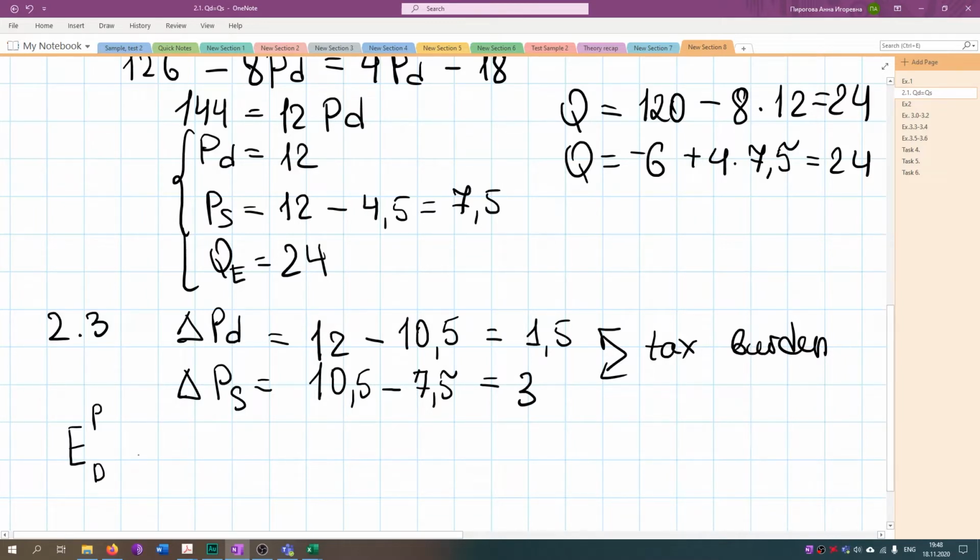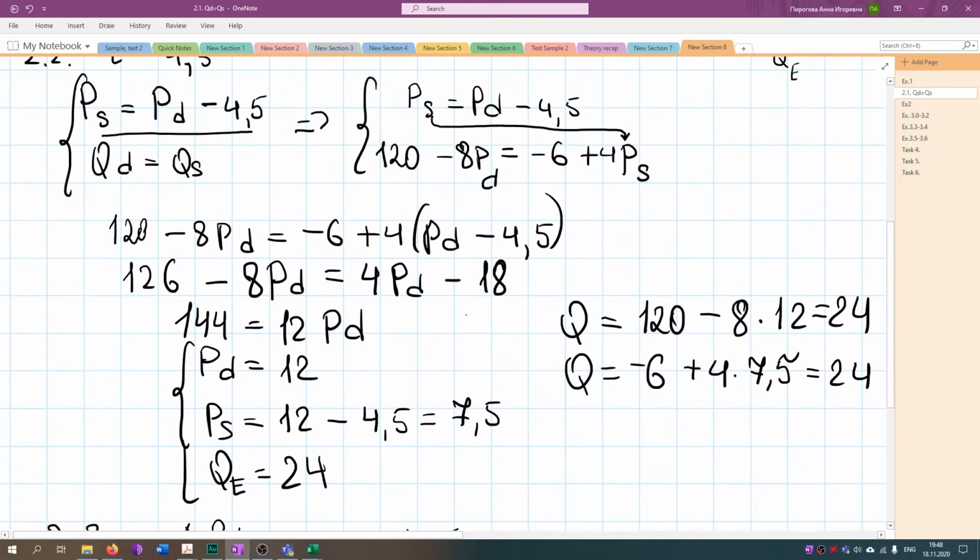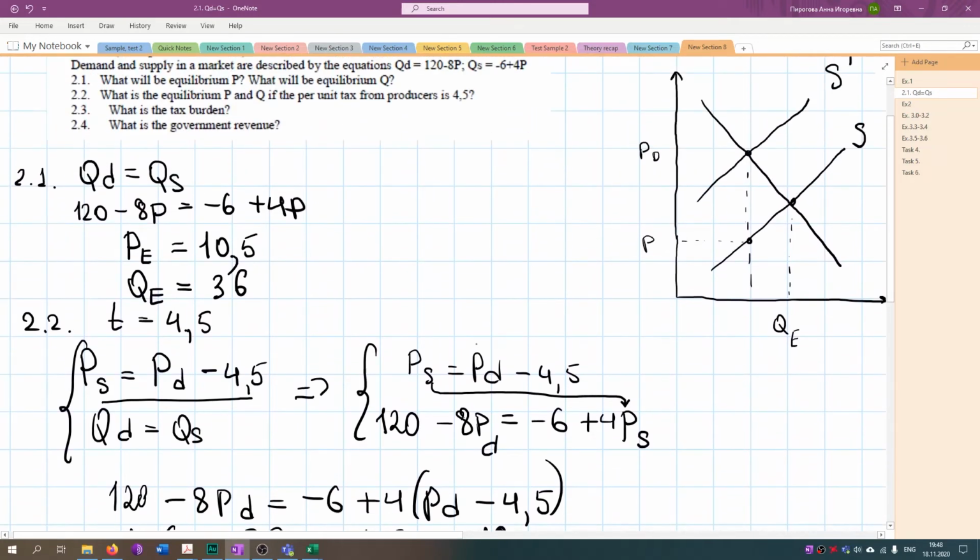So elasticity for the demand function by price will be equal to the derivative of the demand function multiplied by P divided by Q. So in our case, our function is this one.